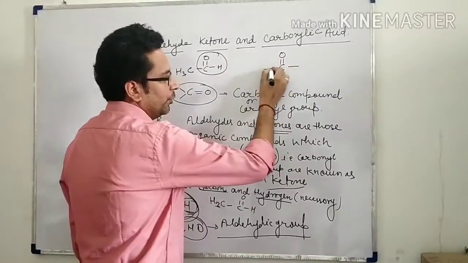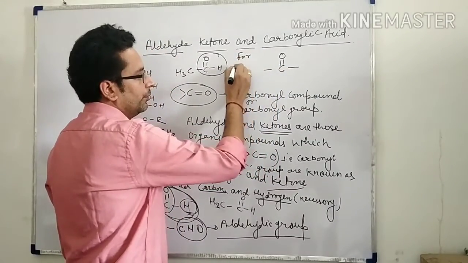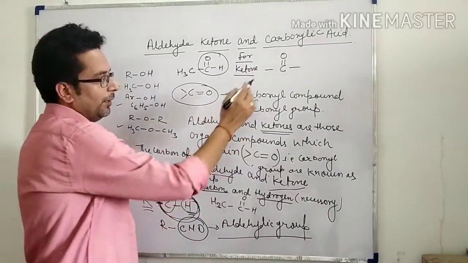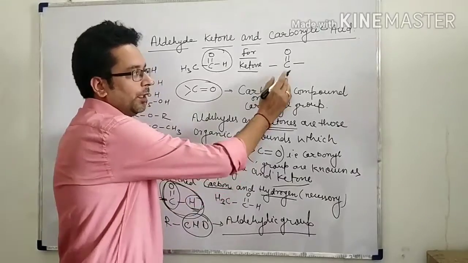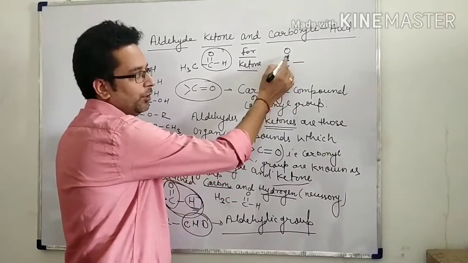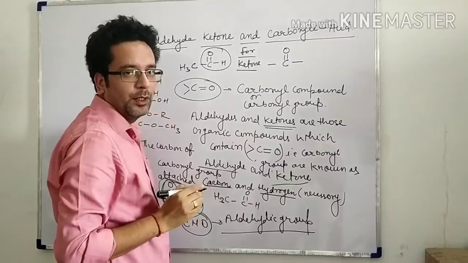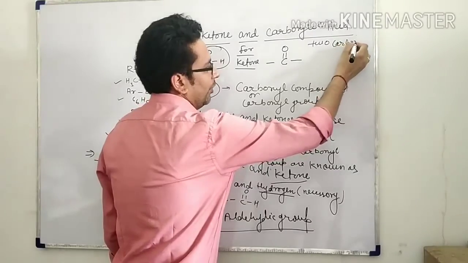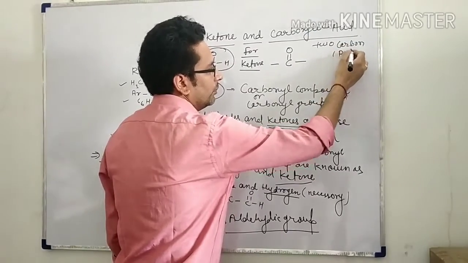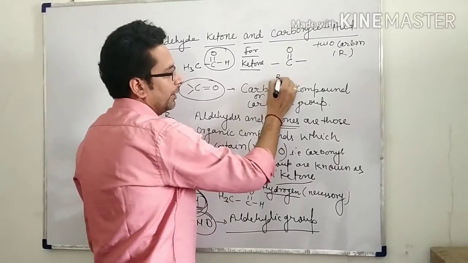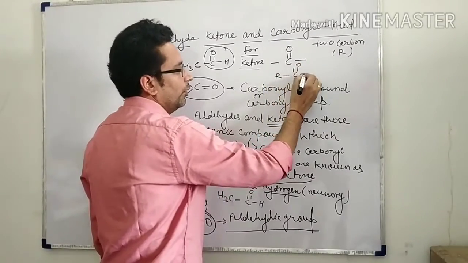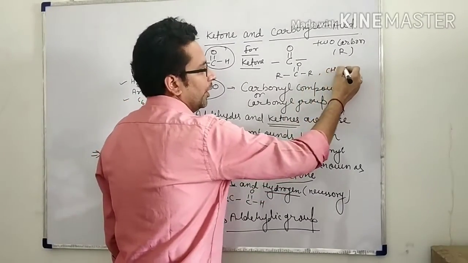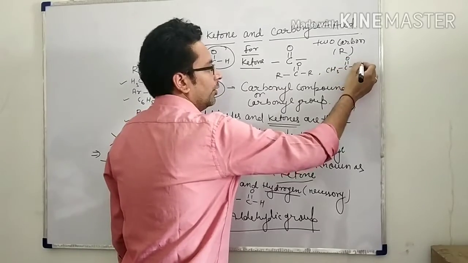Now for ketone, the carbon of the carbonyl group is attached with two carbons. Two carbons means two alkyl groups. Means, look here, R, C, double bond O, R, where R is an alkyl group. For example, CH3, C, double bond O, CH3.